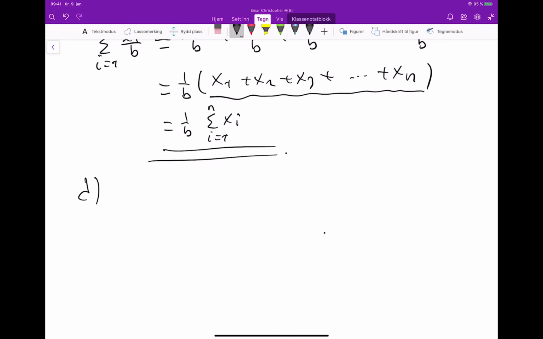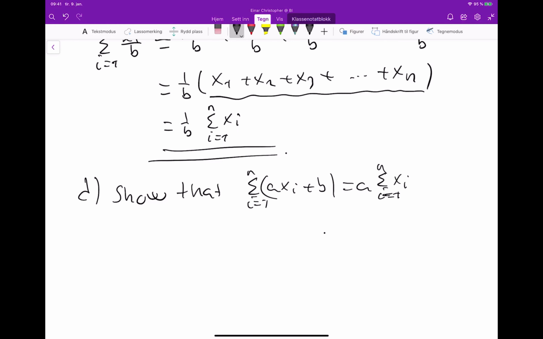So let's do the last exercise. D. That is, show that the sum from i equal 1 to n of axi plus b is equal to a times the sum from i equal 1 to n of xi plus nb.